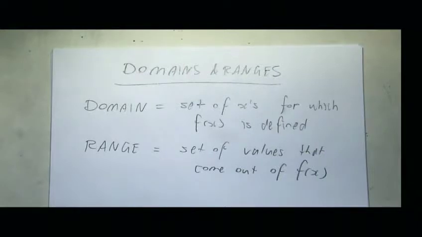Thinking of your function as a machine which takes inputs called x and spits out answers, the set of values that come out of f of x is the range. So they're quite different. They're both defined by the formula, but in different ways.